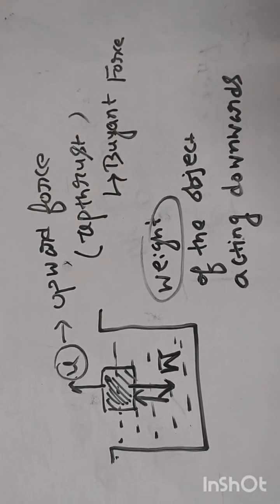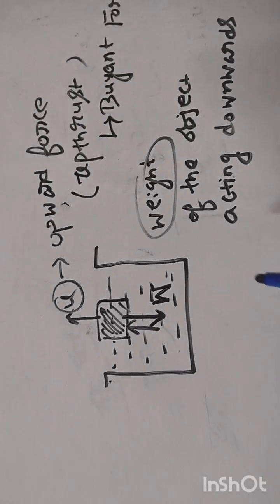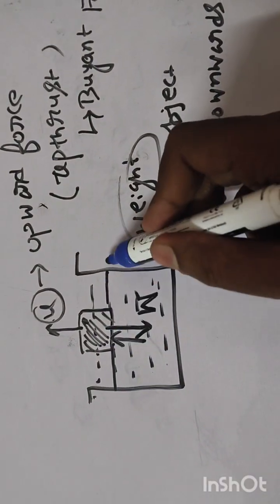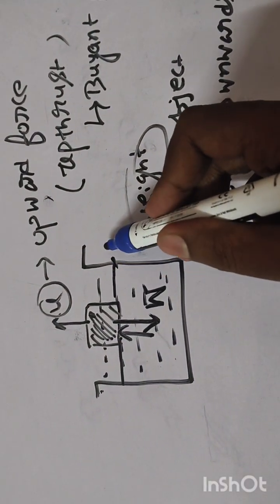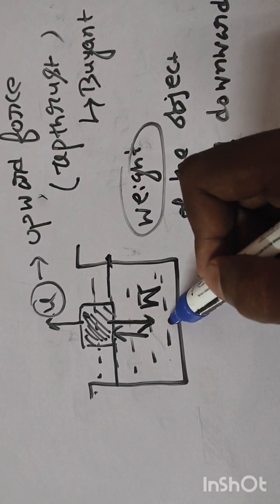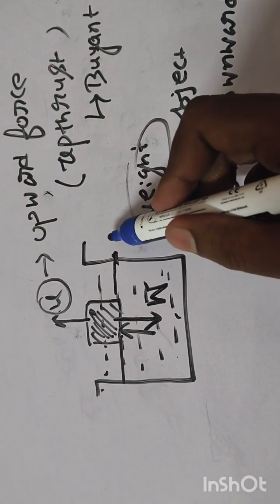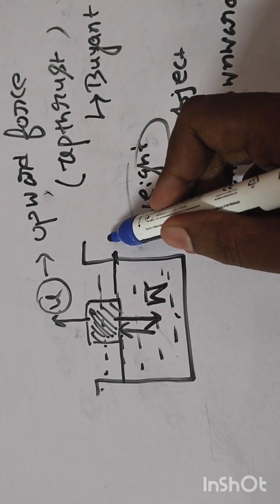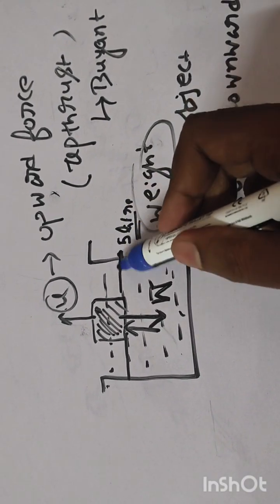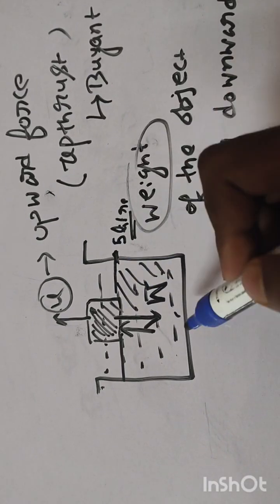Now what actually was Archimedes principle? Suppose before sinking, I am giving it a level. Before sinking, this was the level of the liquid. Suppose this is 5 liter liquid. Up to this, the liquid level is 5 liter.